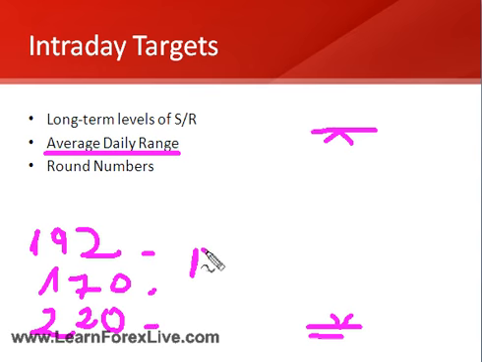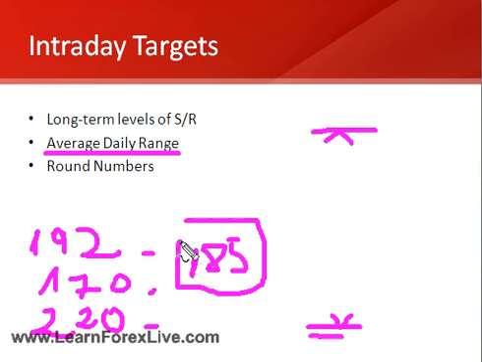Let's assume 185 pips on average. That means that currency pair, from a statistical point of view, usually gives out a 185 pip range from its lowest point to its highest point per daily trading session.